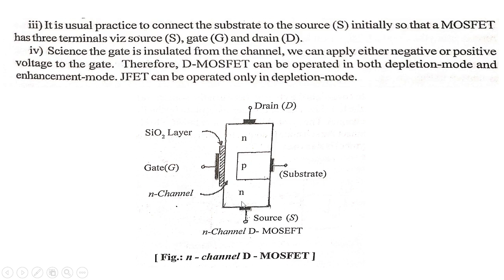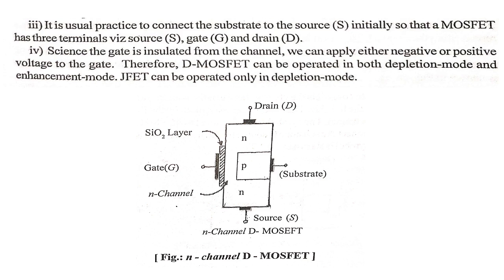As shown in figure, through the metallic contact the drain and the source terminals are connected. See, the other terminals, that is drain and source, are connected here through the metallic contact. To this N channel, similarly the gate terminal is also connected through a metallic contact as shown in figure.